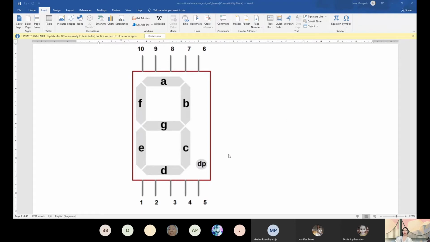How do you represent 9 in BCD? 1001. Okay, so 1001 is actually how many bits?